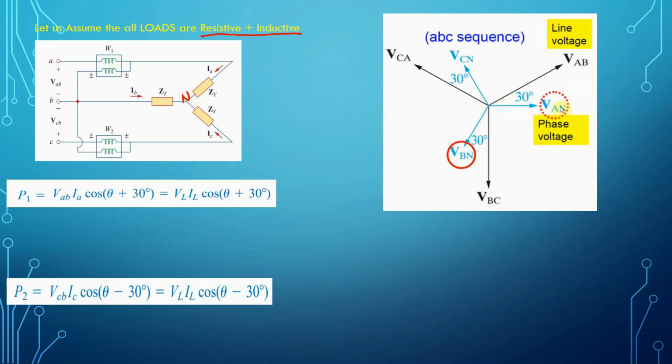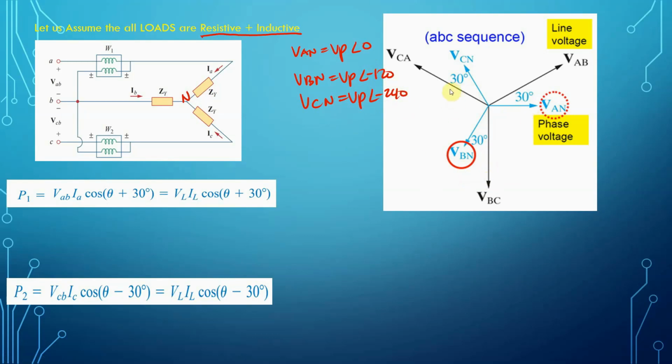Let's write VAN is equal to V phase with an angle 0, and VBN is equal to V phase with an angle minus 120 from this figure, and VCN is equal to V phase with an angle of negative 240 degrees, right? And of course, VBC is at an angle of 90 degrees from this figure, okay?